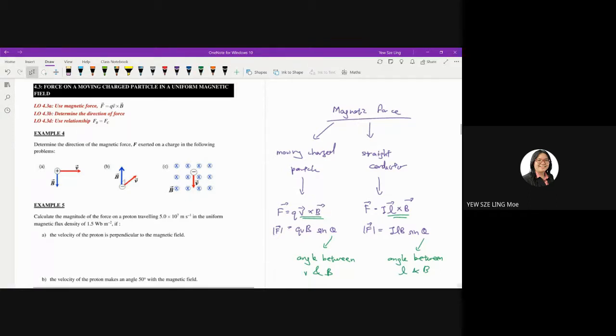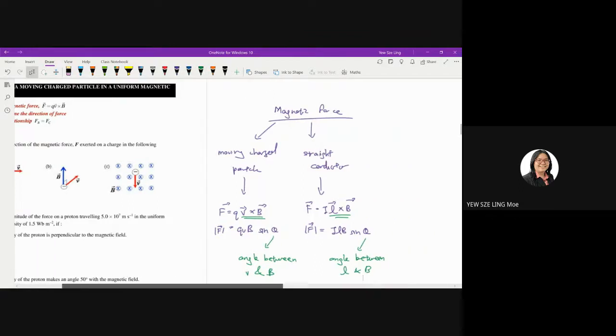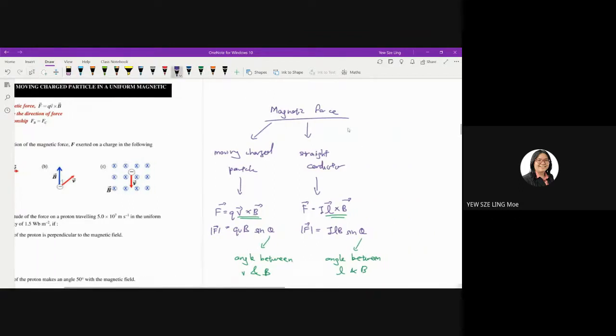The third possible case is when you have two straight conductors. Just now it was one straight conductor, and now you're dealing with two.